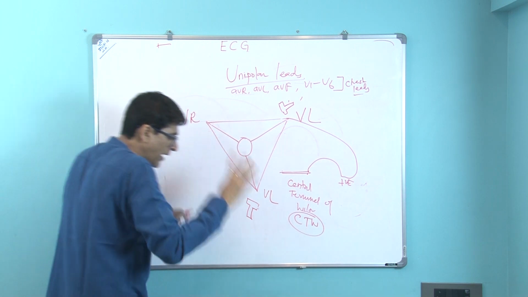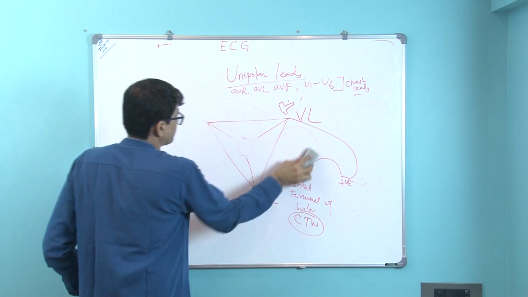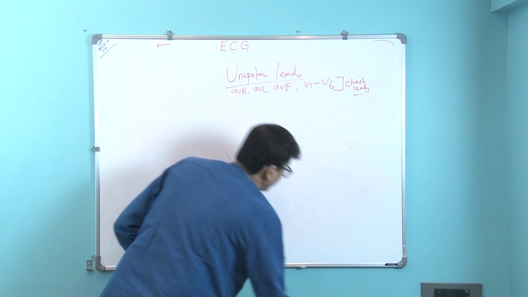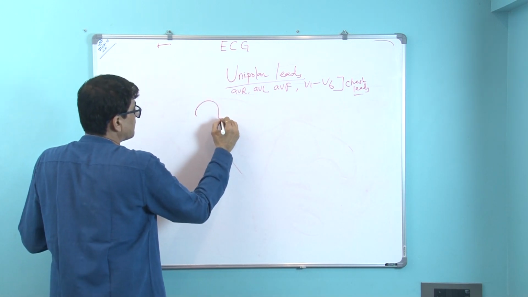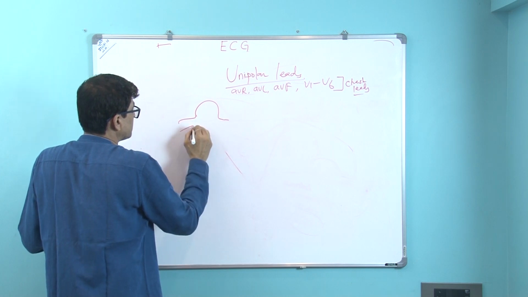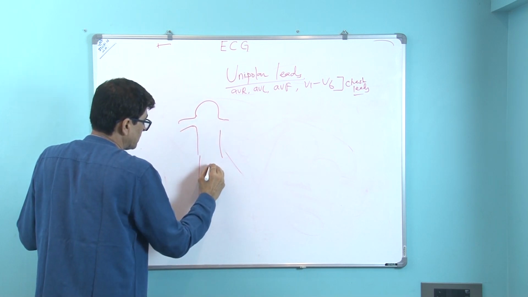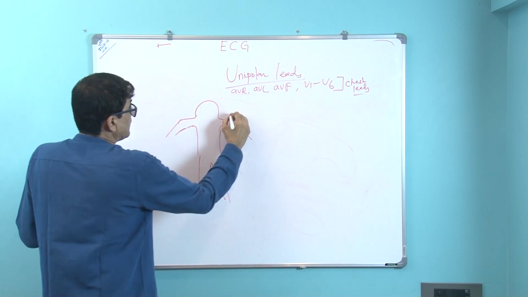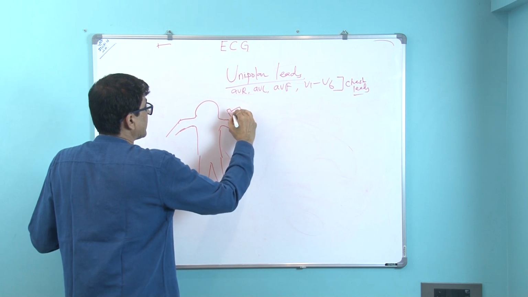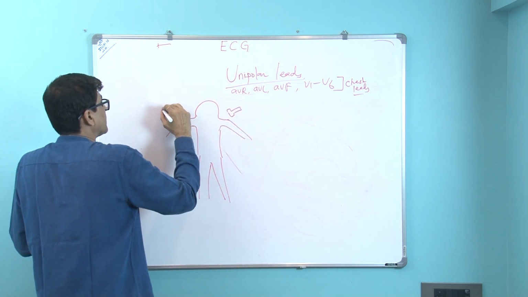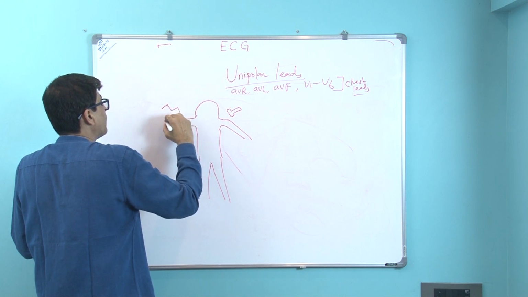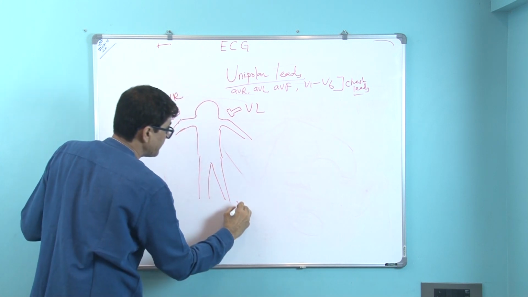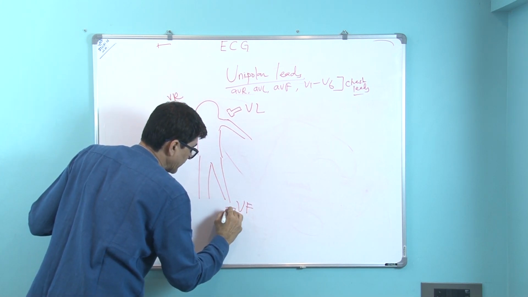Now I will show you again. Listen carefully. This is aVL. This is the recording of unipolar leads: VL, VR, VF recording here.